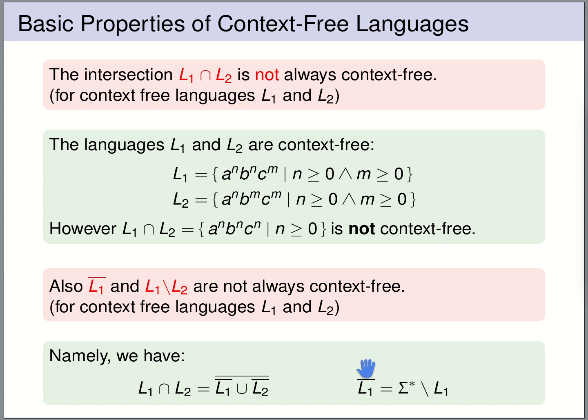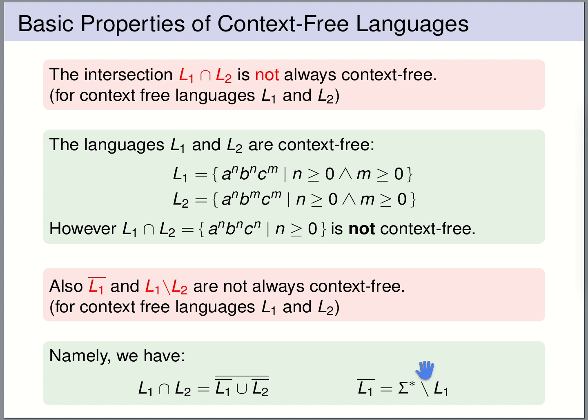Likewise, we can express the complement by a difference, namely the difference of the language consisting of all the words over a certain alphabet minus the language L1. So the complement of L1 is Sigma star minus L1. Both languages, Sigma star and L1, are context-free.